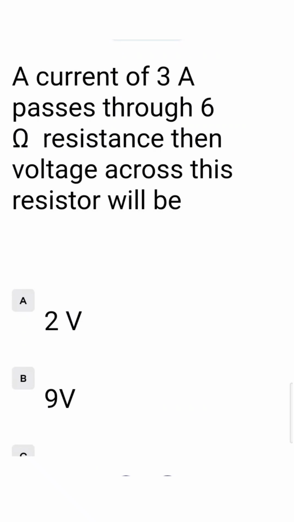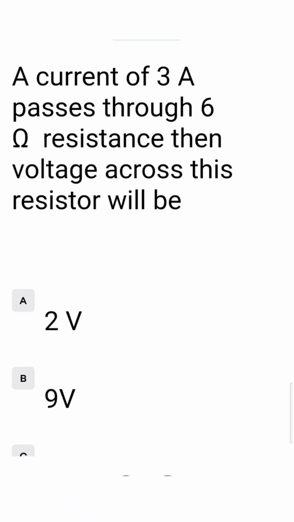Next MCQ: a current of 3 ampere passes through 6 ohm resistance, then voltage across this resistor will be. Here the formula is V is equal to IR. I is equal to 3, R is 6, 3 multiplied by 6 is 18.